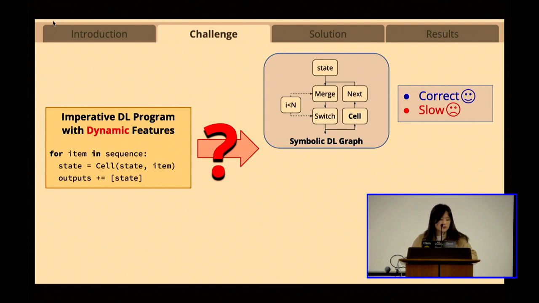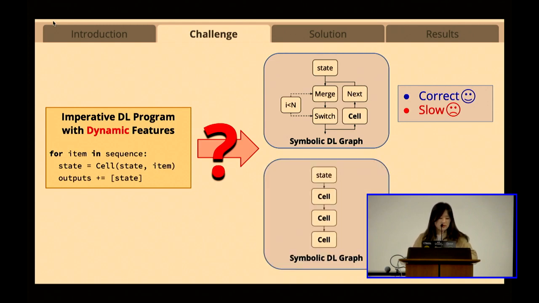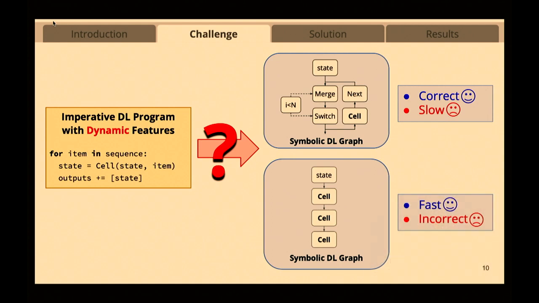However, even though the graph execution can be correct, executing that graph would be very slow compared to a specialized version of the graph, for example, completely unrolling the loop. In this case, however, the dynamic semantics of Python cannot be correctly preserved in the converted graph.